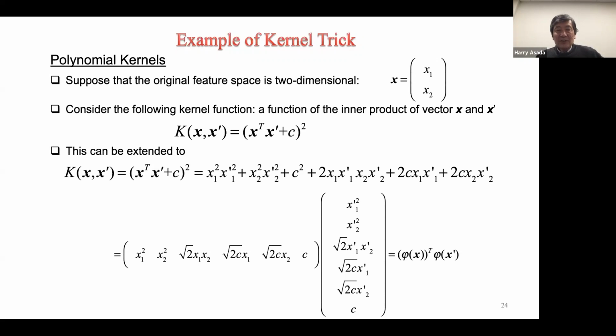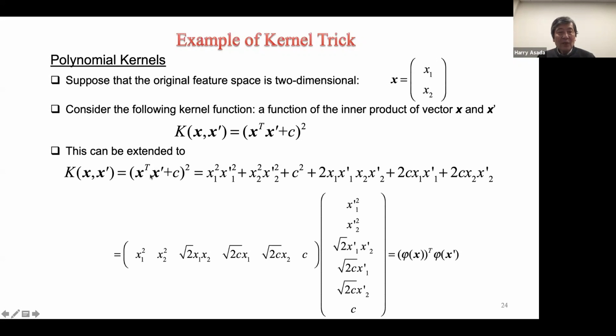Interestingly, this can be decomposed, we can rewrite this expression into one that is actually the inner product of a new feature vector function, phi of x and phi of x prime. Let's see how it works. Inside of this we have the inner product of the two-dimensional vectors, x1 x1 prime plus x2 x2 prime.